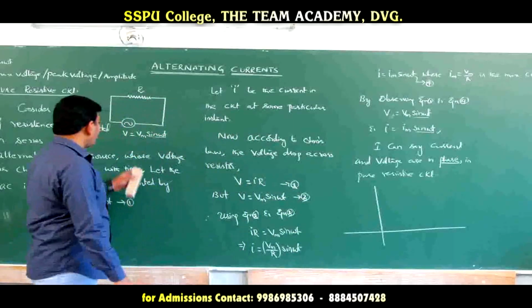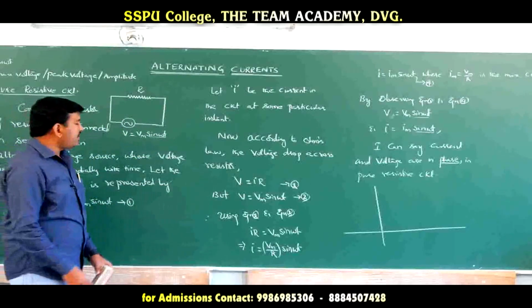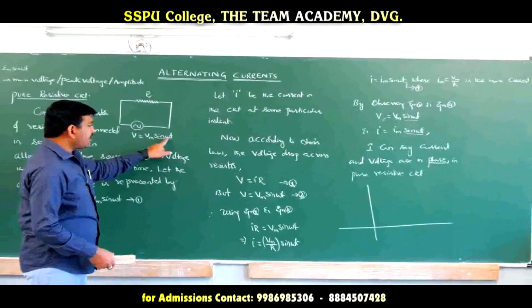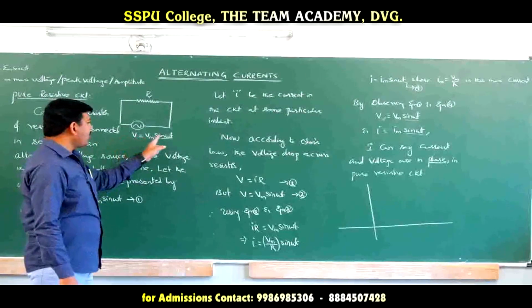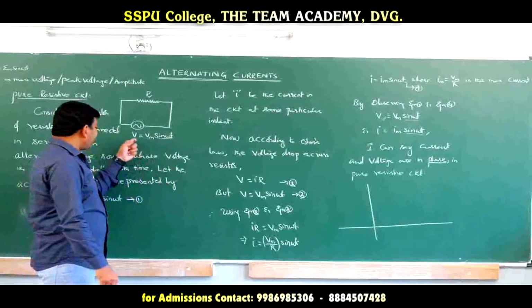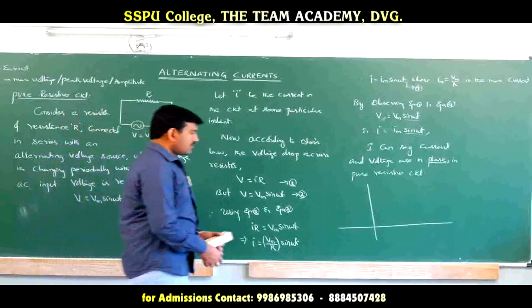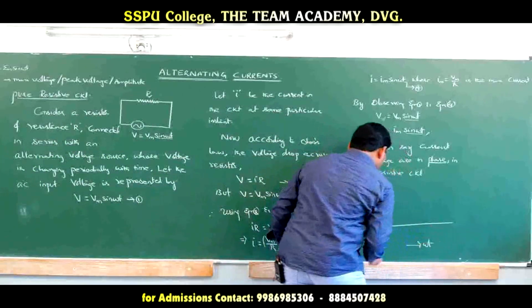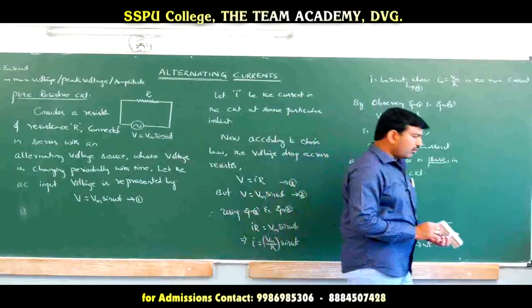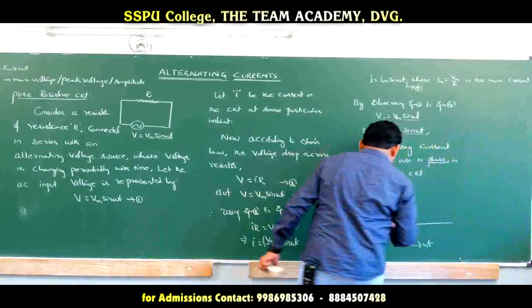Now we know that voltage is given by V is equal to Vm sin omega t, and since it is a periodic function, the graph of V versus omega t is a sine function. If this represents the omega t value, then the variation of voltage with time can be represented periodically in this way.